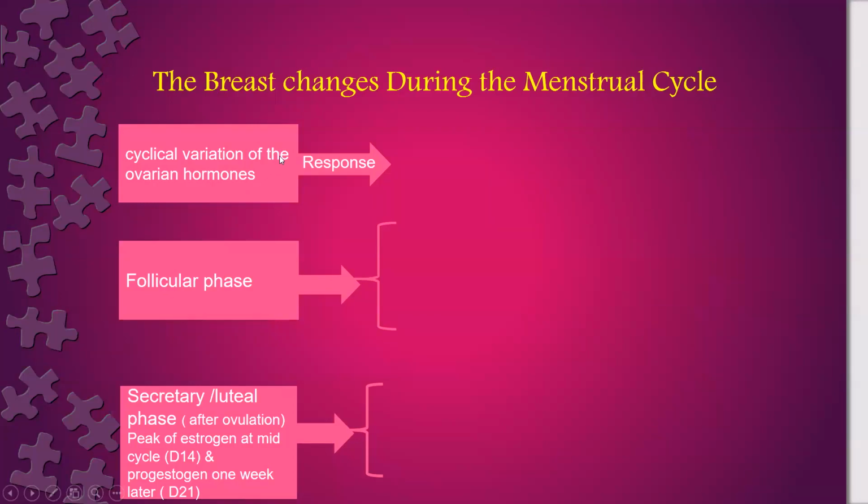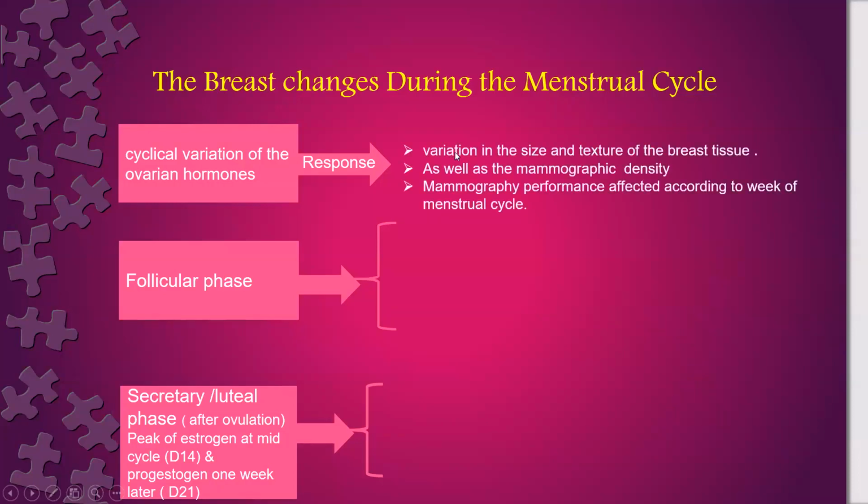How come? Do you have an idea? What is the response of cyclic hormones on the breast? Definitely there is variation in size and texture of the breast, and subsequently in mammographic density.